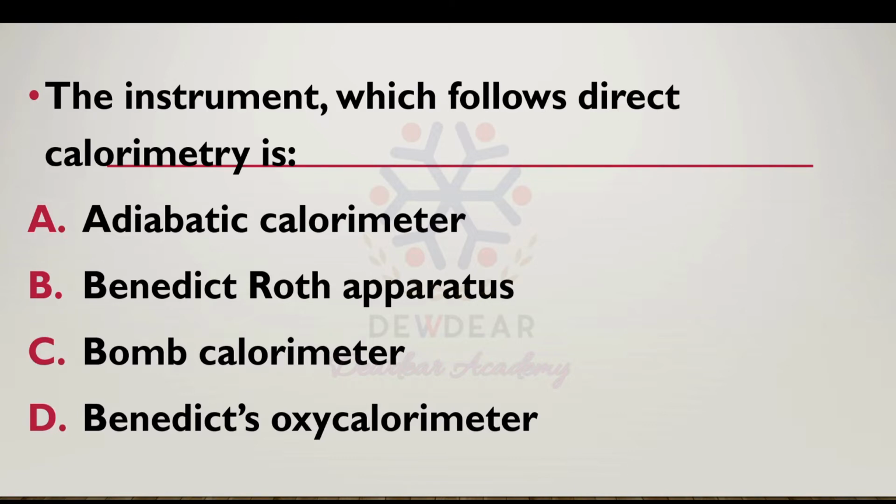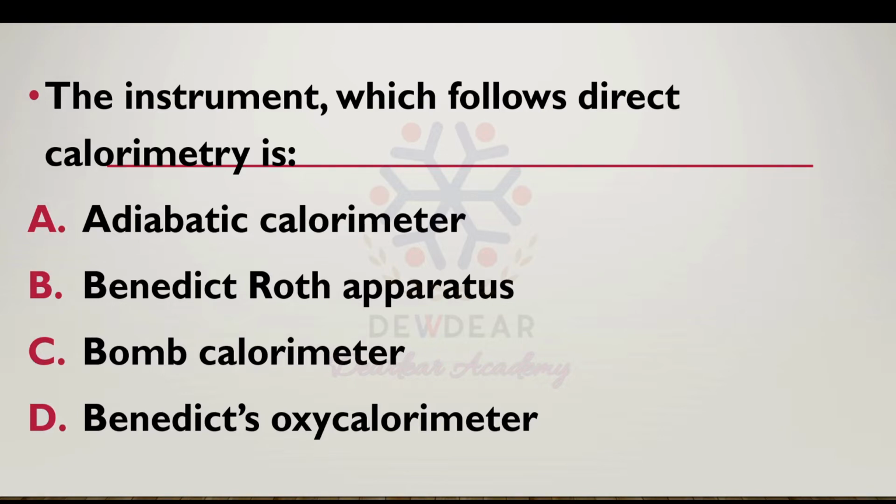In indirect calorimetry, we take the measurement of oxygen consumption and carbon dioxide production. Bomb calorimeter is a type of direct calorimetry, and it measures the total energy value of food.